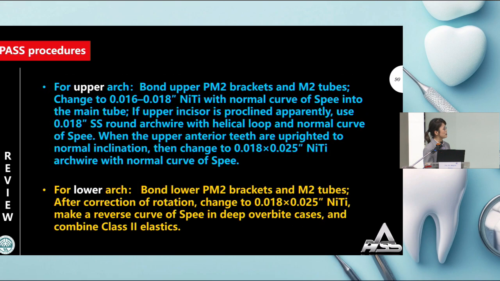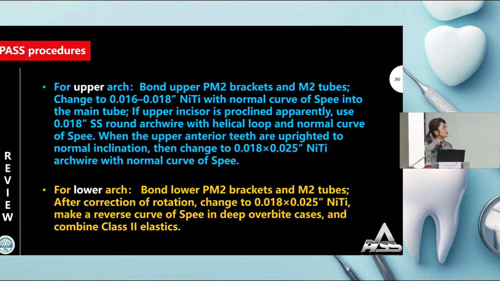Then stage 2. For the upper arch, we bond 7 and 5. Then we change to 16 or 18 nitinol with normal curve of Spee in the main tube. In this stage we are always in the main tube. Or if the upper incisor is proclined, we use an 18 SS round arch wire with loop and normal curve of Spee.